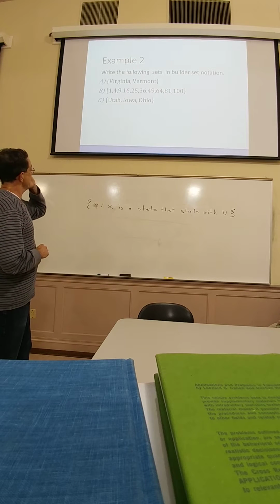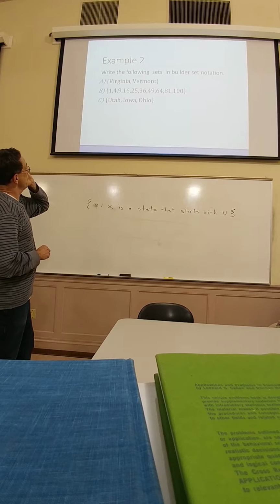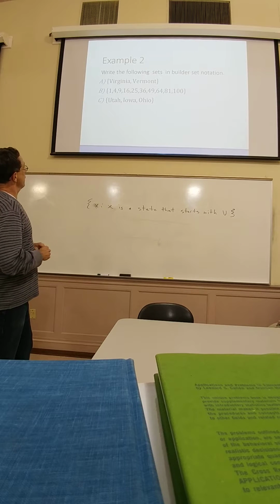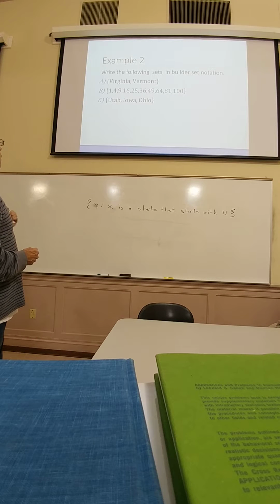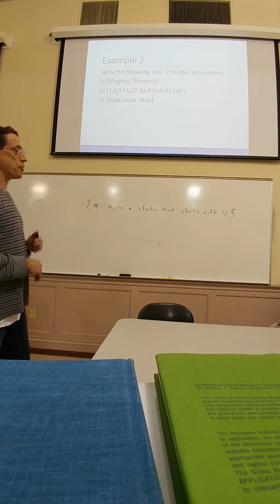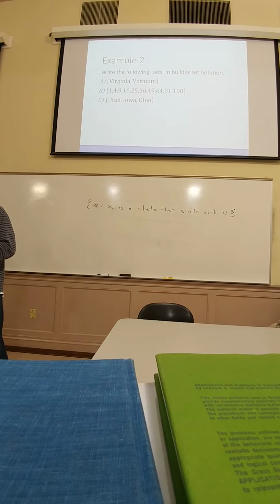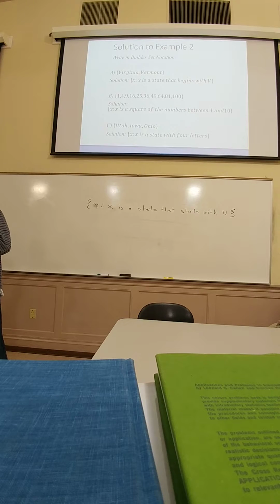C, however, this is always an interesting one because some will figure it out and some try to get really complicated. But as you can see, they start with different letters. You have Utah, Iowa, and Ohio. And the fun thing about those 3 states is they aren't even close to bordering each other, so it can't be that. What it is, it's just basically the only 3 states that have 4 letters.